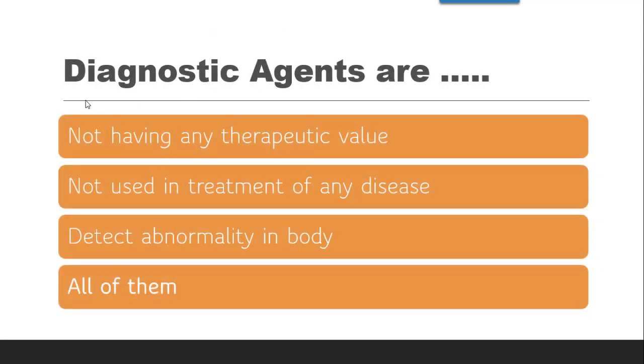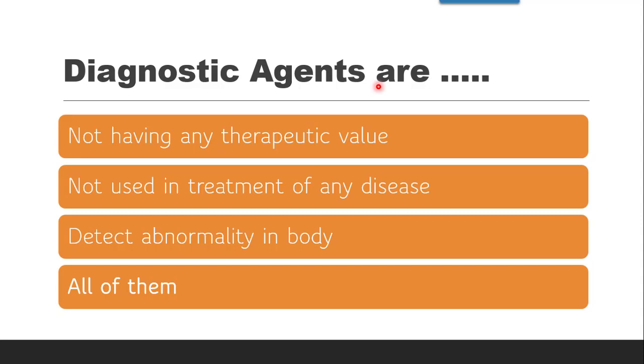Next question is, diagnostic agents are. According to the definition, diagnostic agents are substances generally introduced into the body or a specific organ, generally intravenously or through the injection route.